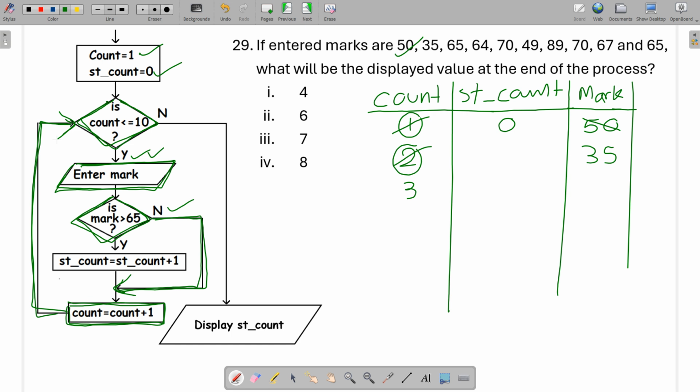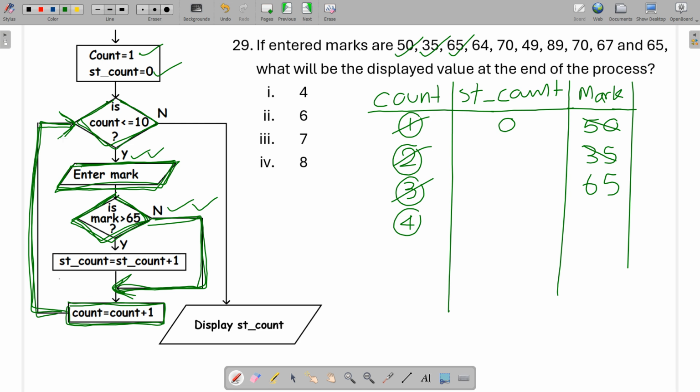Count is less than 10 still, and 35 has been inserted. Then they are going to have the 65. So mark says 65 now. Then it checks whether 65 is larger than 65, which is no still, right? Then it goes down and increases the count by 1. So this is going to become 4. It goes up and checks whether count is less than 10. Yes, still it is less than 10. 4 is less than 10.